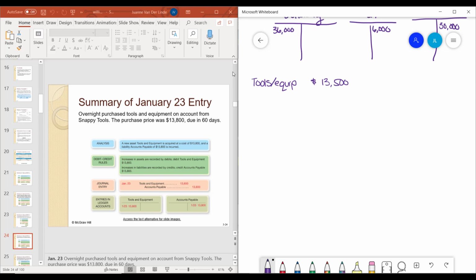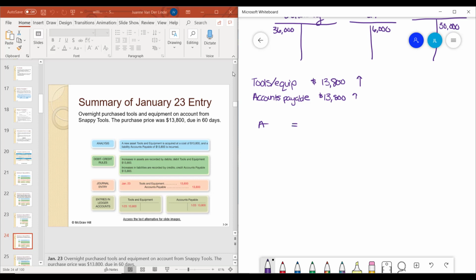So we didn't pay for it in cash. So instead, we're going to use the account called accounts payable, which means we owe someone money. So the tools and equipment account increased by $13,800, and so does the accounts payable because I didn't pay for it in cash.